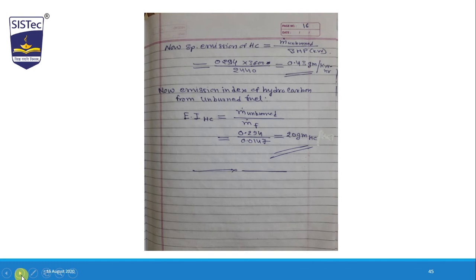After putting in the data, we get the answer 0.43 gram per kilowatt hour. Now the emission index of hydrocarbon from the unburned fuel, EIHC, is the mass flow rate of unburned fuel divided by mass flow rate of fuel. So finally the answer is 20 gram of hydrocarbon per kilogram of fuel.